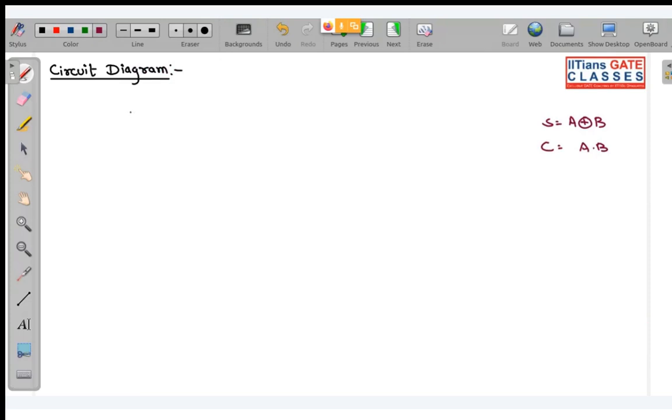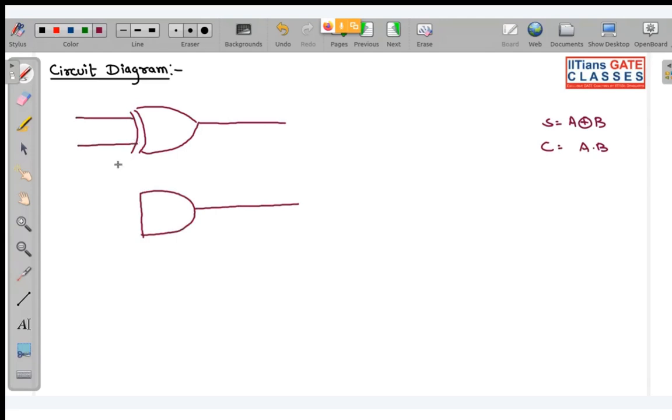So if I draw the circuit diagram very quickly, this is the sum, so this is A XOR B, and this is an AND gate, so this is A dot B. So this is the circuit diagram of your half adder.